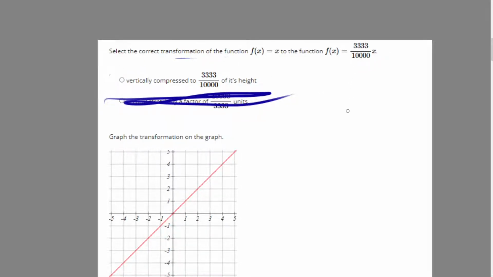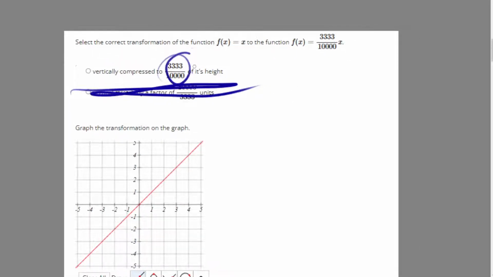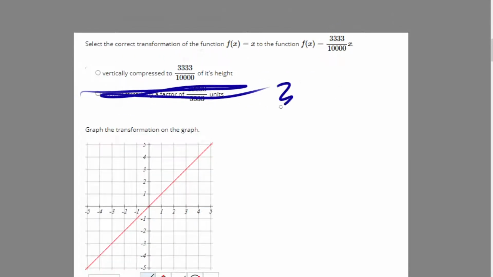So to help graph though, one thing that we can do is say, okay, this is about 3 over 10, right? Wait, let me think for a sec. Okay, so what I'm going to do is I'm going to plug this into my calculator. 3 over 10,000.